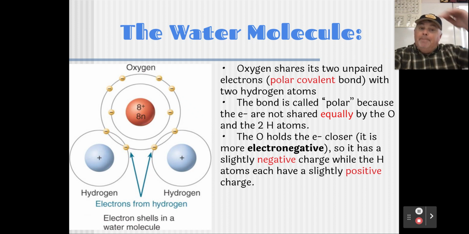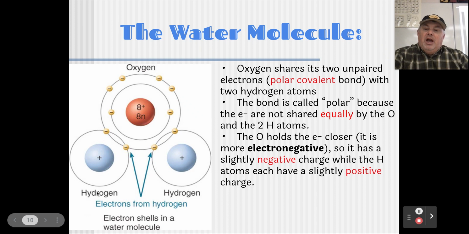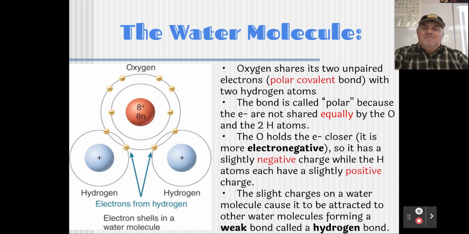And then on the top side of oxygen, there are no positive pieces to this, and so it has more of a negative charge. So one end is negative, and the other end on the hydrogen side is positive. And that's where we get something called in chemistry electronegativity, where the oxygen is holding those electrons a little bit closer. It's kind of being selfish.